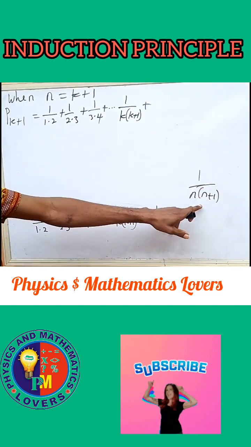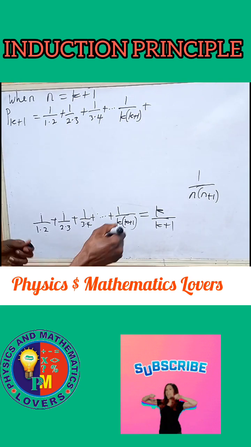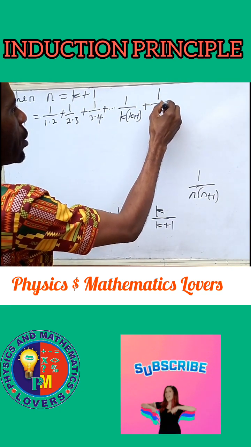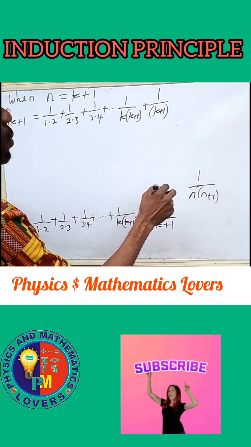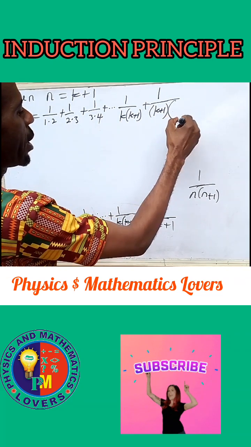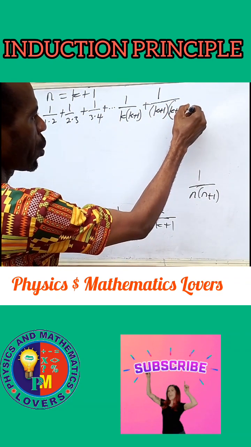Here we just plug in k plus 1. So we are going to have 1 over k plus 1, then plus, inside the bracket, k plus 1, then there is the 1 already here, plus 1.